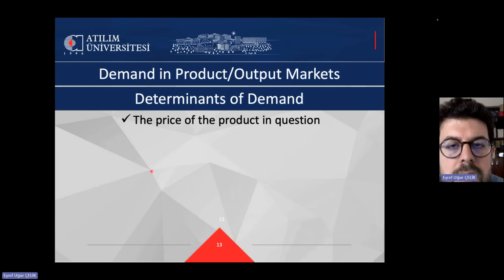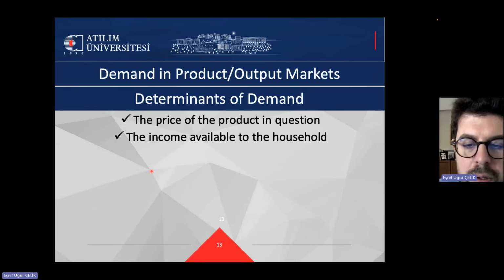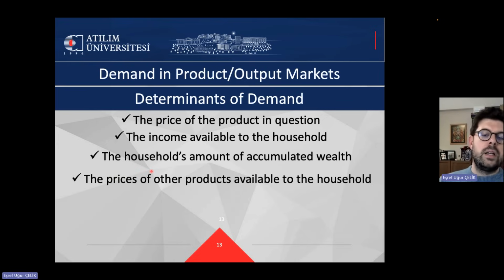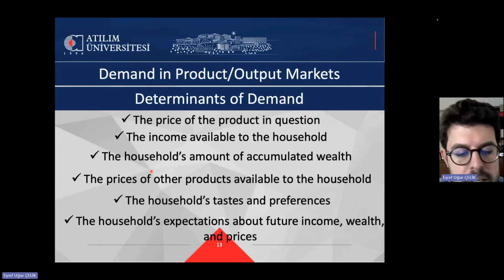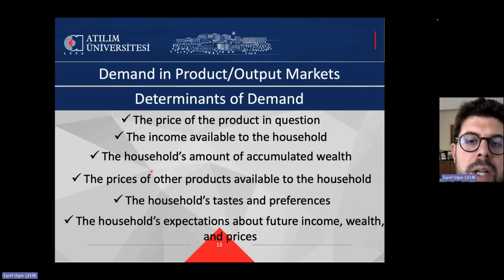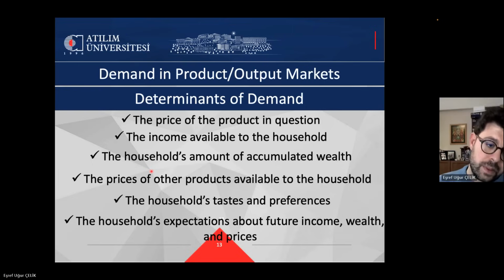The first one is the price of the good. The second one is income. The third one is wealth. The fourth one is other product prices. Then your taste and preferences, and your future expectations about income, wealth, and prices.